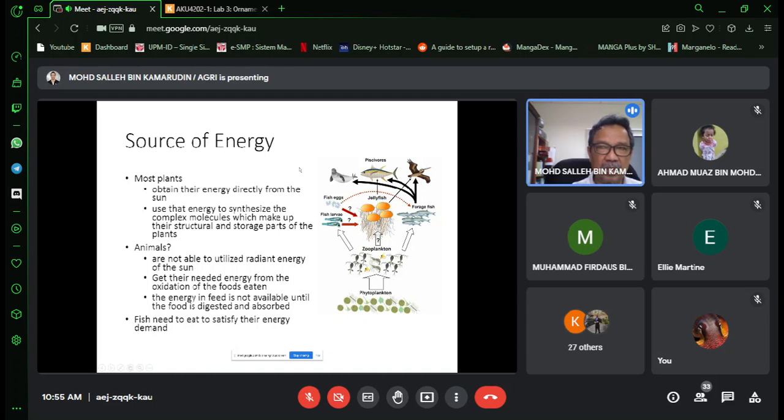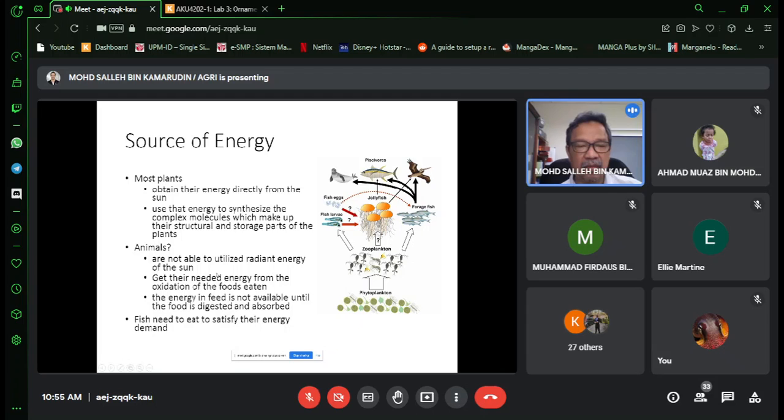So there's some animals akan makan plant, and then another animal makan animal. Dan kalau kita tengok in animal, they are not able to utilize the radiant energy from the sun, but they are able to get it directly from all the food that they eat, yeah?